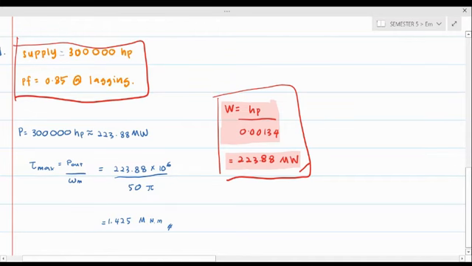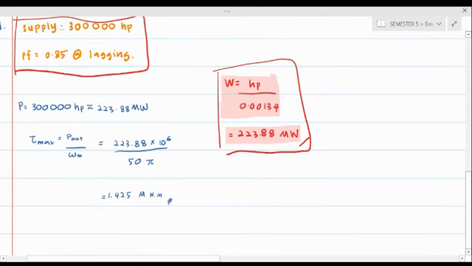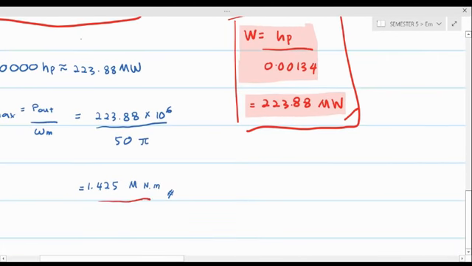So the formula is torque max equal to Pout divided by ωm, and then it is equivalent to 223.88 mega divided by 50 pi, and we get the answer 1.425 meganewton meter.